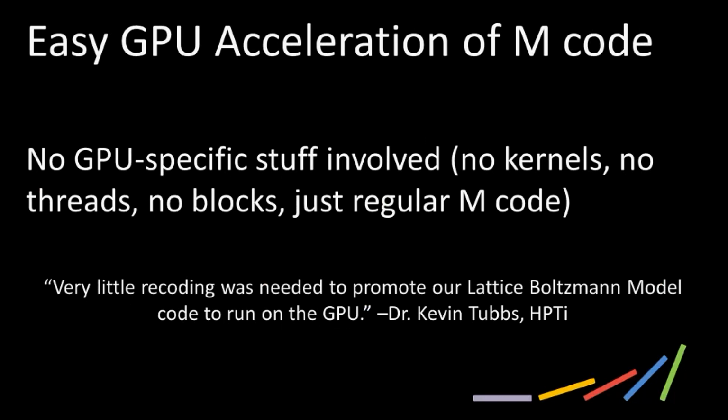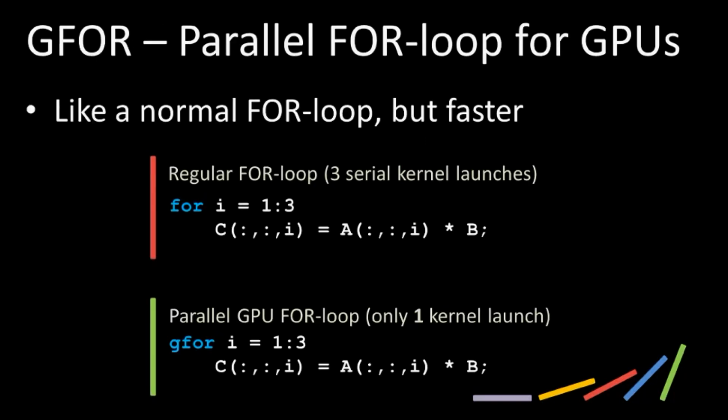And Dr. Kevin Tubbs talked about a lattice-Boltzmann model that he was developing. He says very little recoding was needed to promote that model to run on the GPU. So that's really the core concept. You take your code, imagine your own optics application. You may have, instead of estimating pi, you're going to be doing some FFTs and some interpolations.